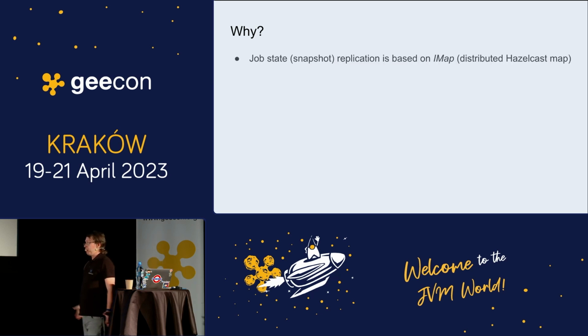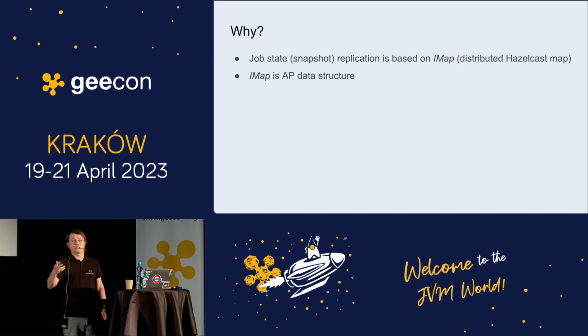It happens because our job state or snapshot replication is based on our public IMap distributed map implementation. To replicate the snapshot of our job state, we use our internal IMap storage. But the problem is that IMap is an eventually consistent data structure.